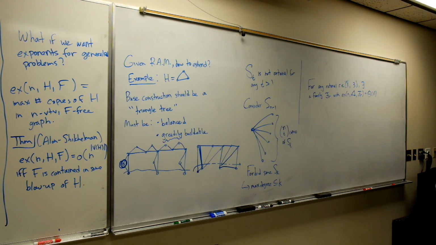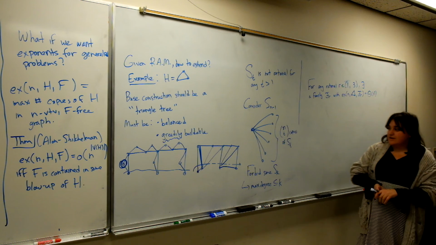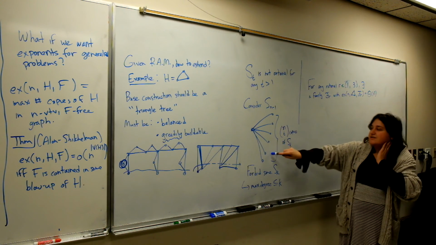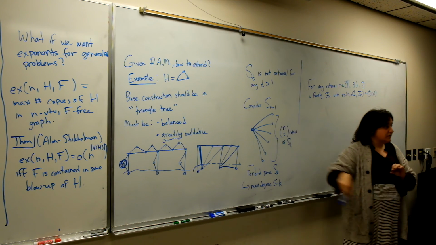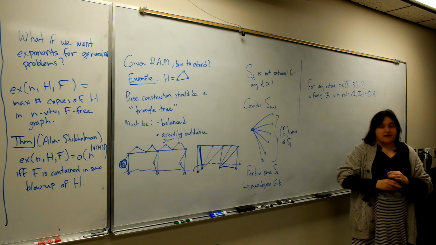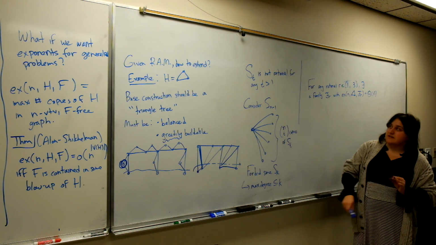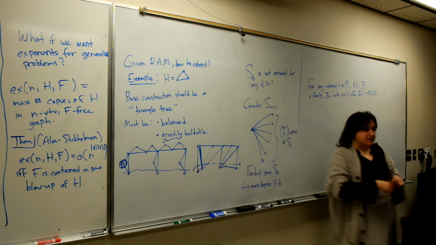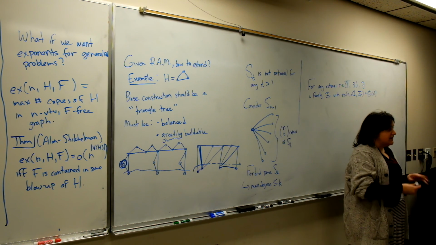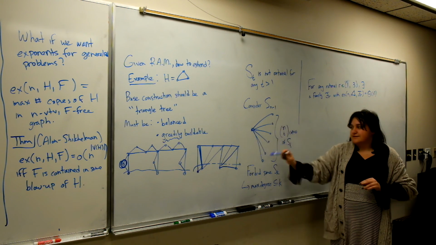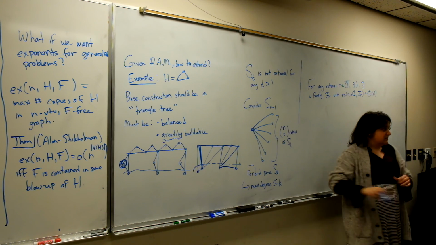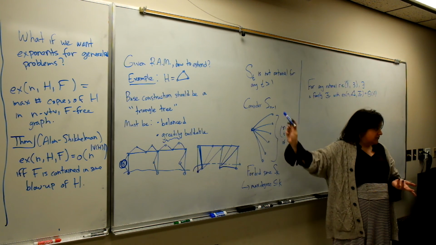Wait, so are you counting S_Ks? No, so I'm saying here, if we want to avoid this example, if we're trying to achieve some exponent for S_t, we say I want to have as many S_t's as I can without these forbidden graphs. Well, if none of the forbidden graphs live in this big star, then this big star is not forbidden.